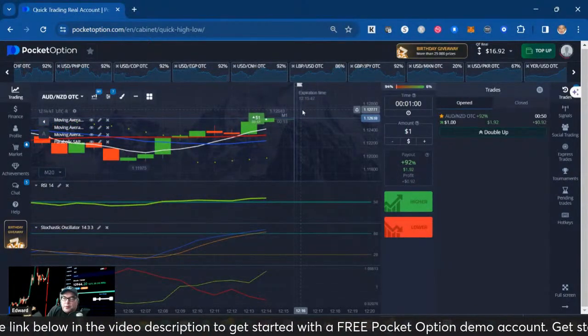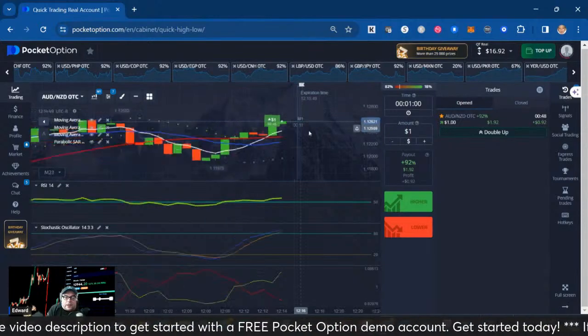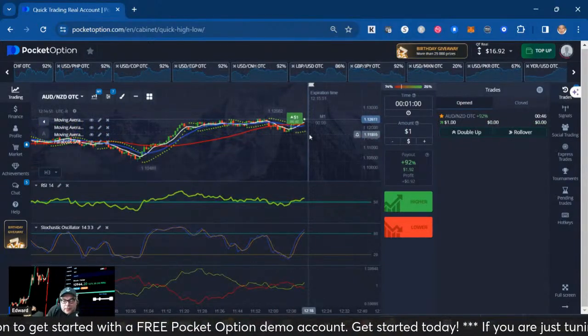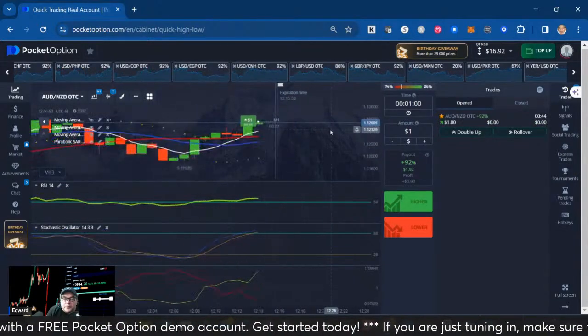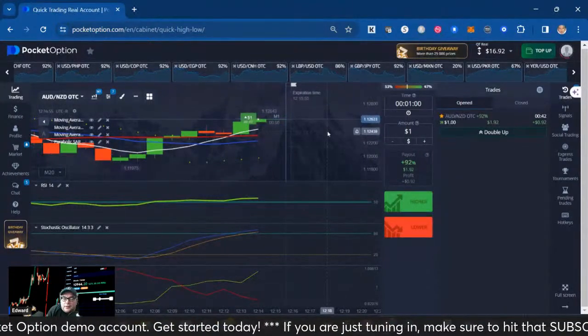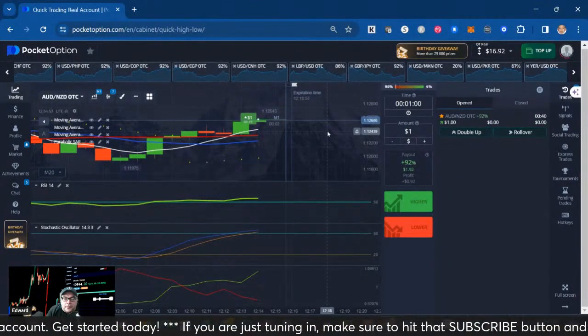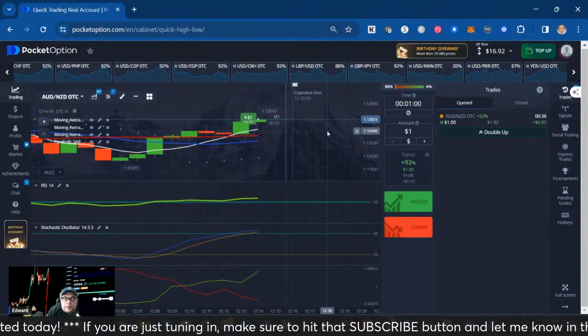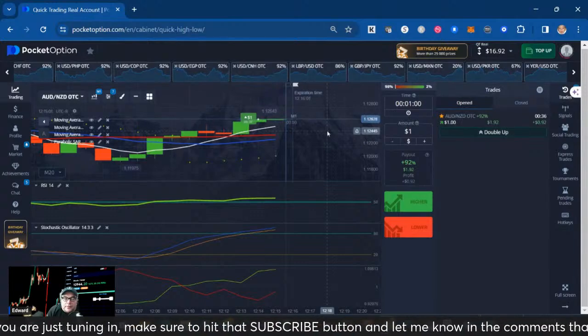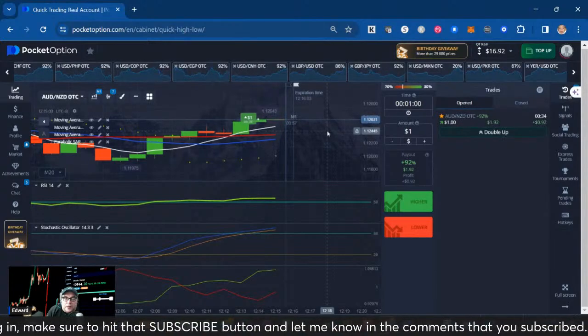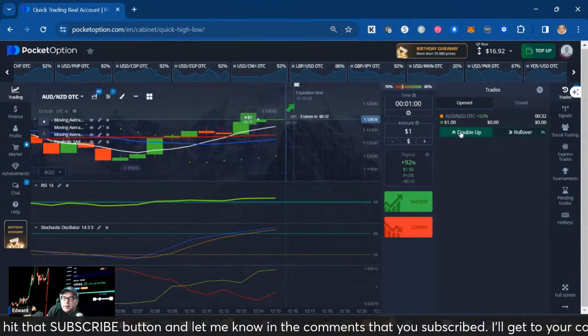Looks like we have some upward pressure now. Yay. Okay, starting to look promising. 37 seconds on the clock. New bar. It doesn't really know if it's going up or down.